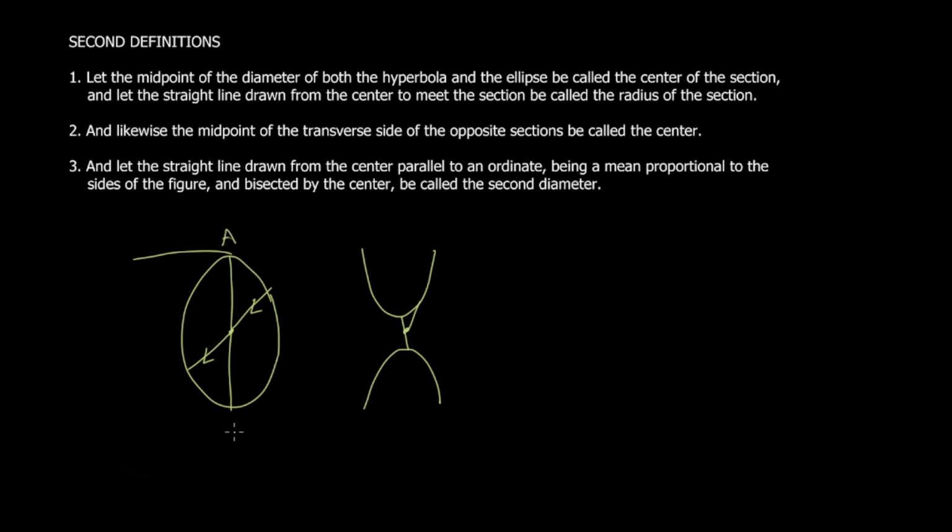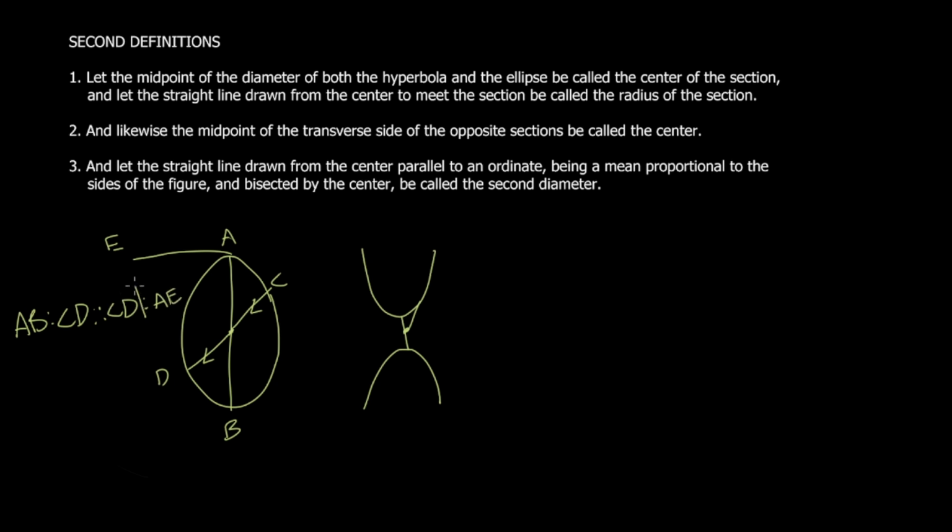Mean proportional just means that in a ratio setup, like that as AB is to CD, CD is to AE.